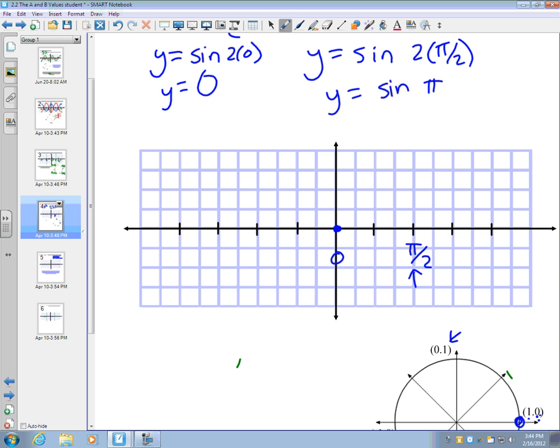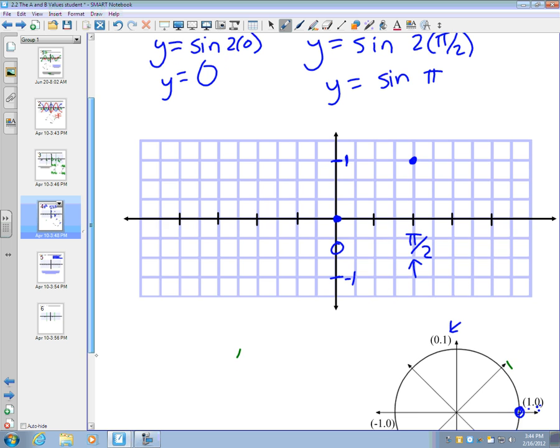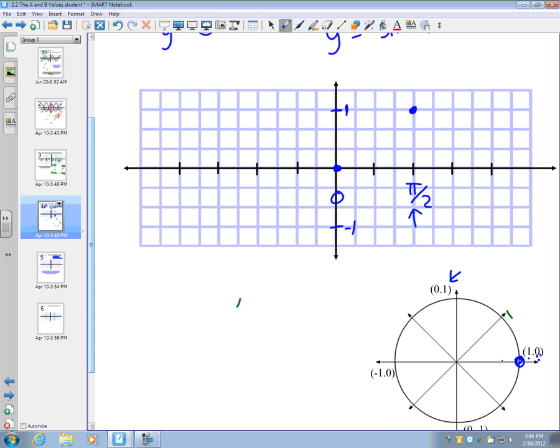No, that's what I'm doing wrong. Sine of pi, pi is all the way here. Sine of pi is 0. Good. I knew something was wrong. 0.